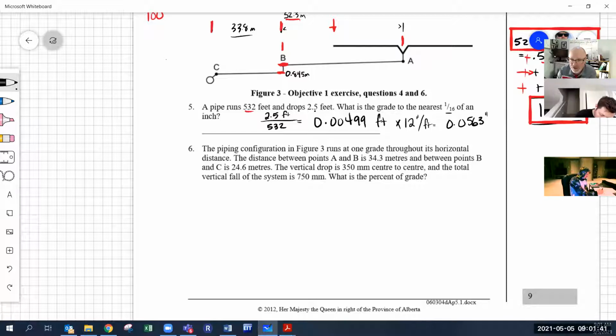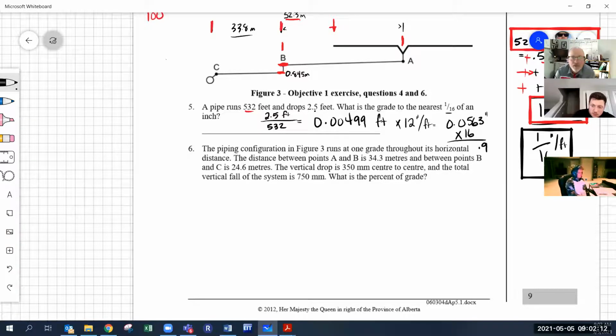But they want it to the nearest 16th, so I am going to take this decimal of an inch and multiply it by my denominator, and that would give me my numerator, which comes out to 0.9. So that comes up to 1. So there is my grade: 1/16 of an inch for every foot.